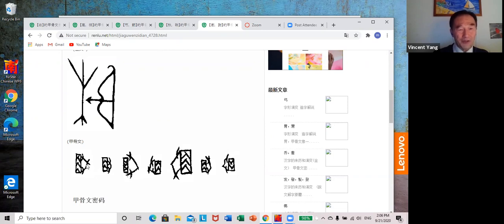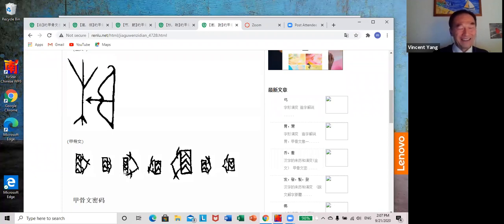and in this more ancient script, Oracle bone script, you see two hands there, apparently placing the shooting target. They are practicing archery. Okay? So you have the two hands setting up the target.